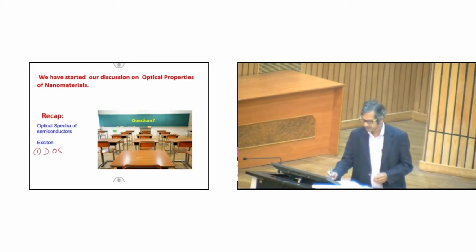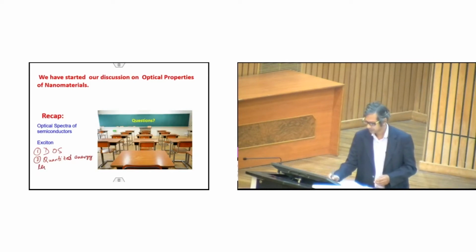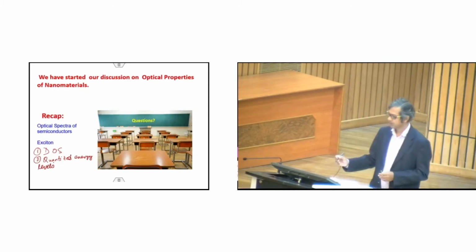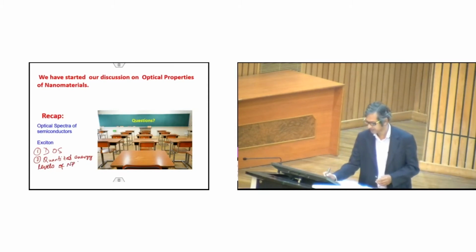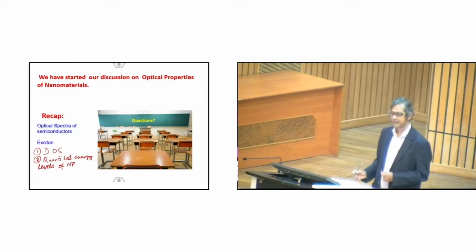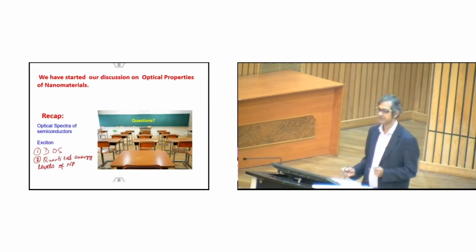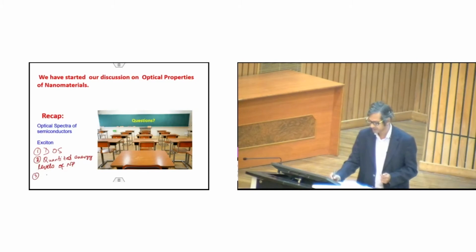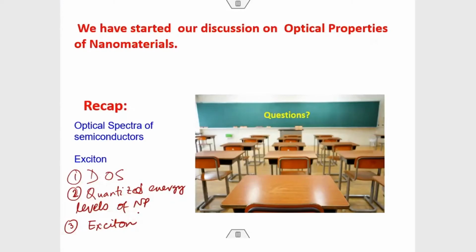So, that means the quantized energy levels of the nanostructure, nanoparticles or nanostructures, are going to play the predominant role in deciding the optical properties of the material. And the third important thing is obviously exciton. So, remember these three are the critical factors controlling the optical properties of different nanomaterials, right.